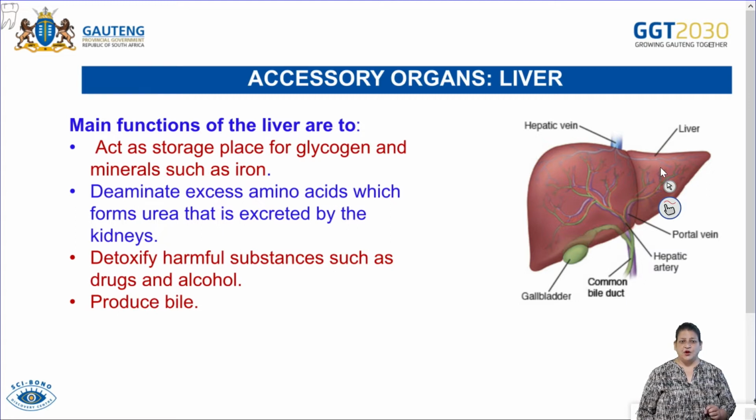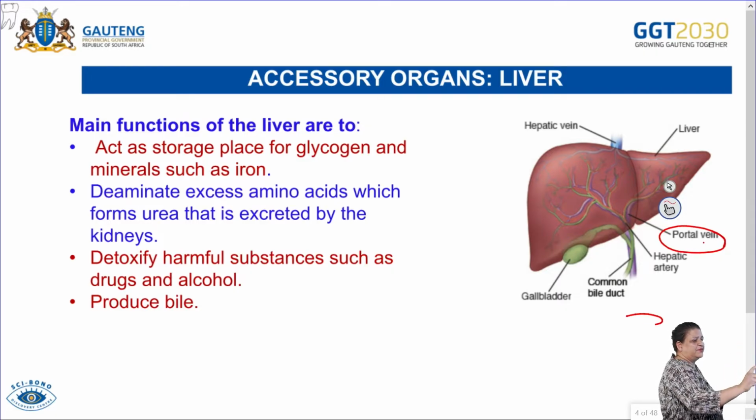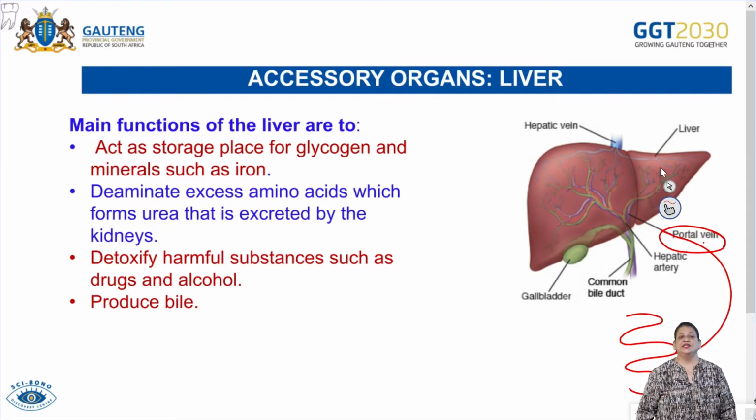Once it's absorbed, it travels by the hepatic portal vein from your intestines to your liver. You can see there's a portal vein here. That portal vein is coming from your intestines and is going to your liver. And what does it do? It transports all our excess glucose to the liver.